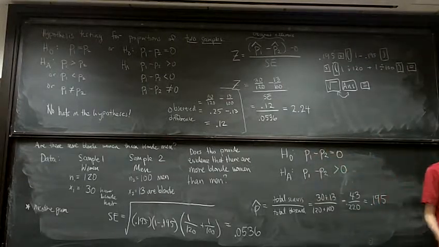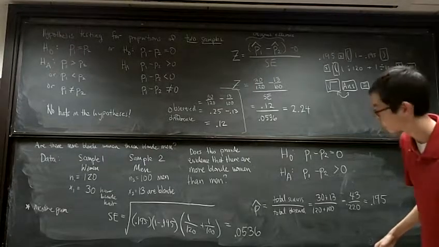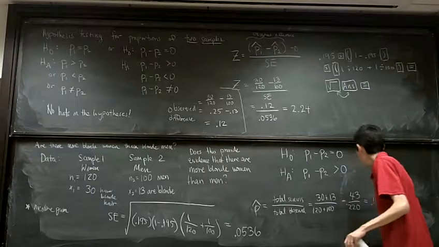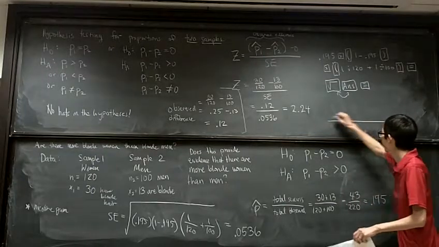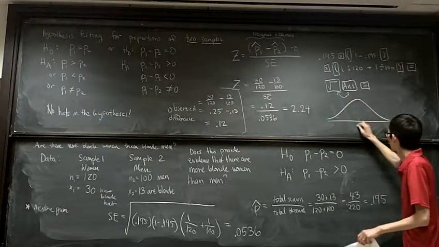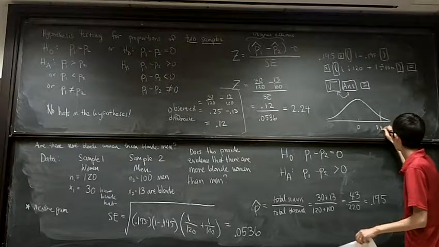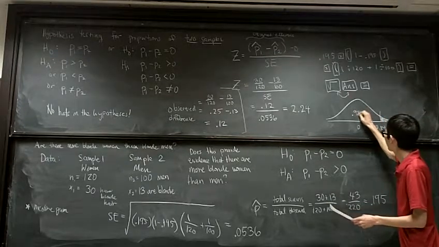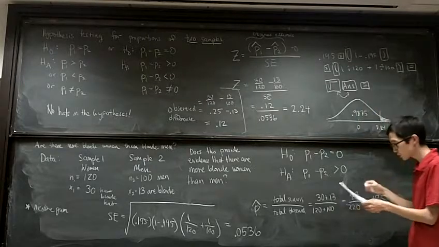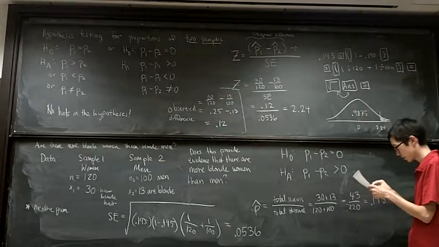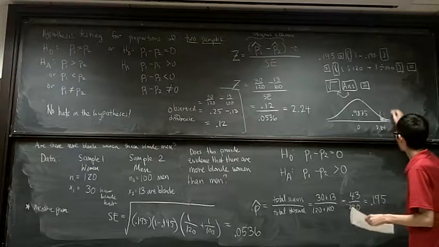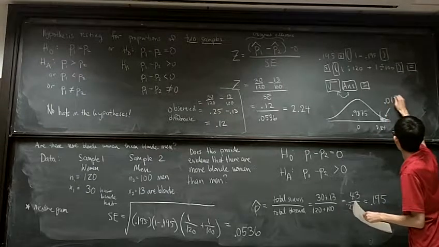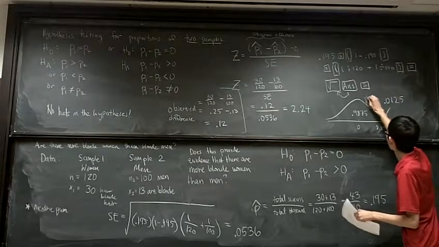So what is my p-value? 0.9875. So I do this, and I end up at 2.24, and the area is 0.9875 to the left. How much is to the right? 0.0125. This is my p-value.